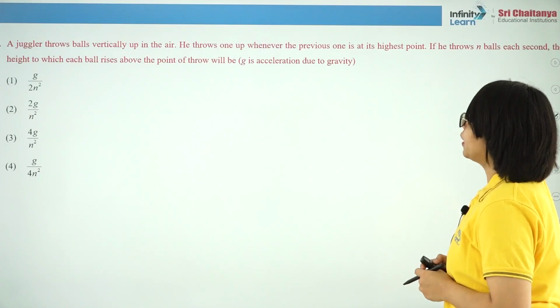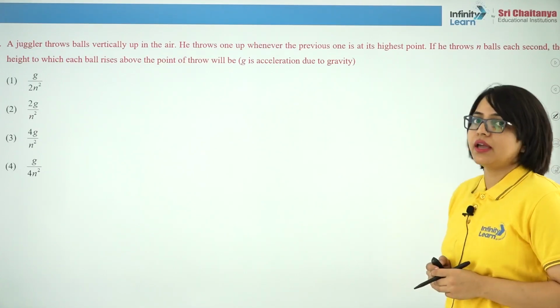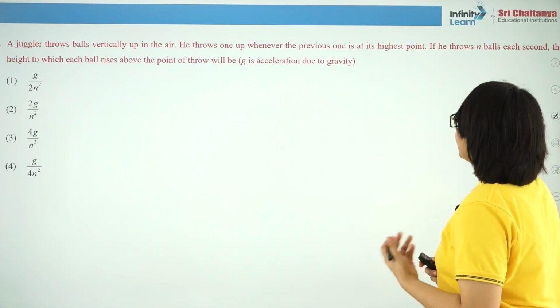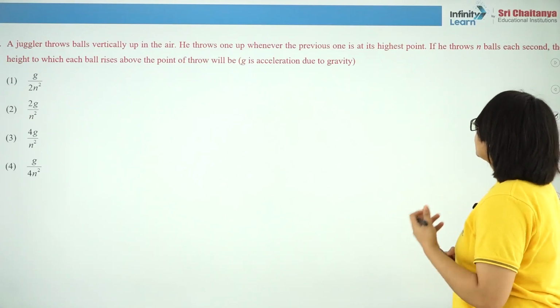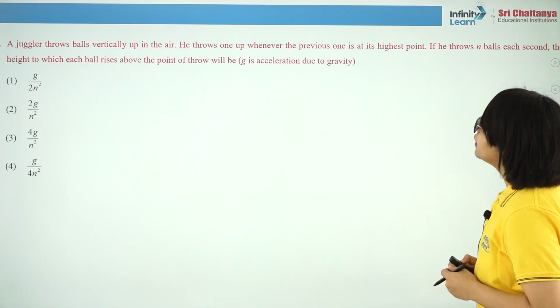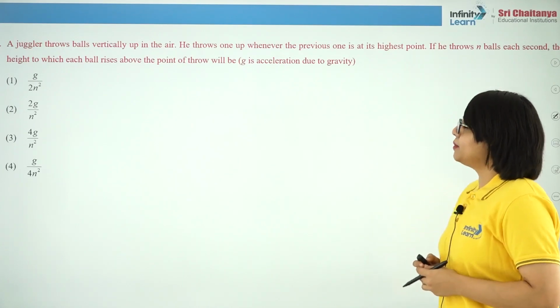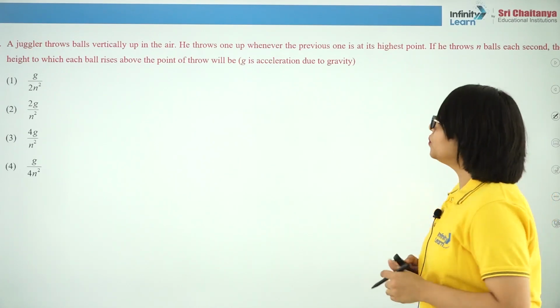Let us move on to 111. A juggler throws balls vertically up in the air. He throws one up whenever the previous one is at its highest point. If he throws n balls each second, the height to which each ball rises above the point of throw will be, where g is acceleration due to gravity.